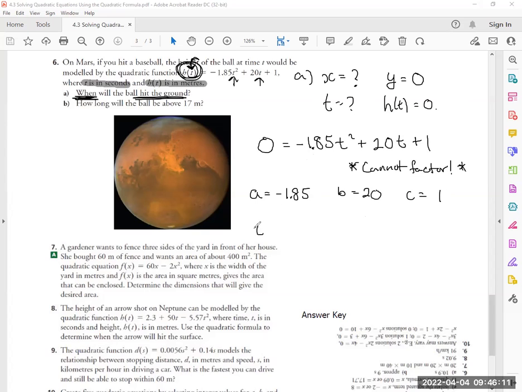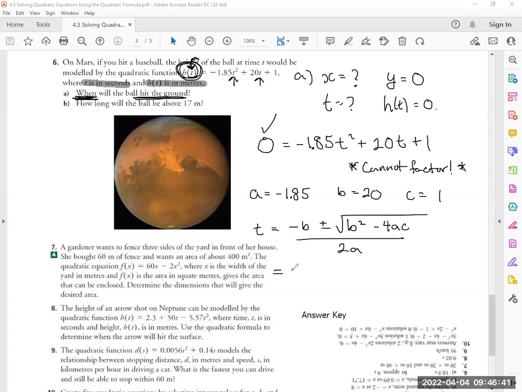If you want to know what t value makes this equation a 0, it has to be a 0. Then you plug it in: negative b plus minus square root of b squared minus 4ac, divided by 2a. I'll plug in the numbers for you, but since I'm limited in space, I'm going to ask you to help me calculate it.